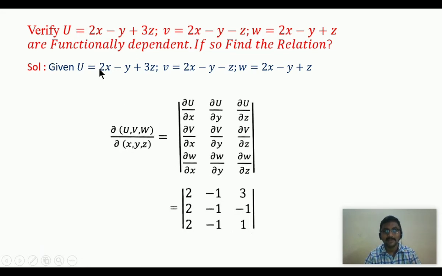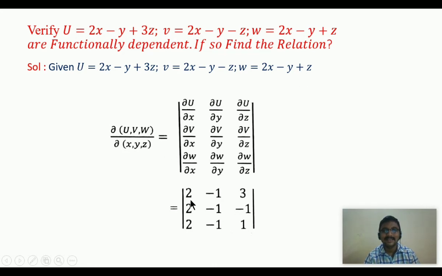Computing the partial derivatives of u with respect to x, y, z. For example, dou u by dou x is 2, minus y derivative 0, 3z derivative 0. Another example, dou w by dou x, 2x derivative 2, negative y derivative 0, z derivative 0, that is 2.